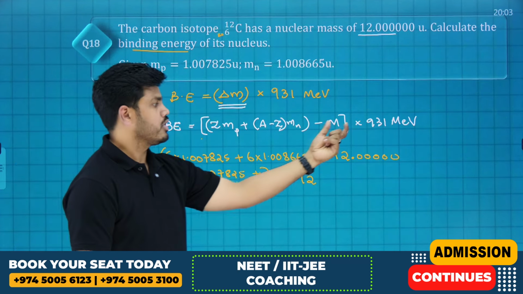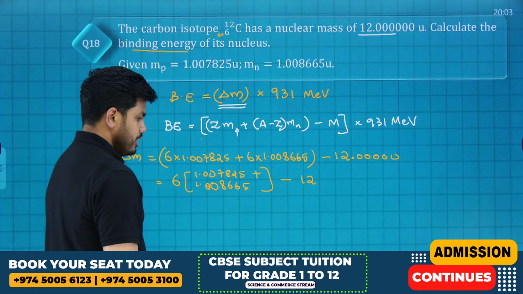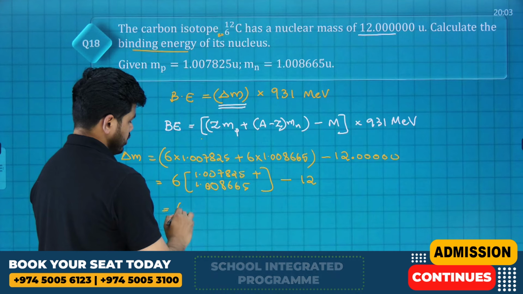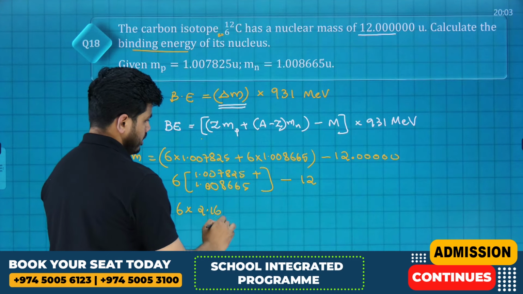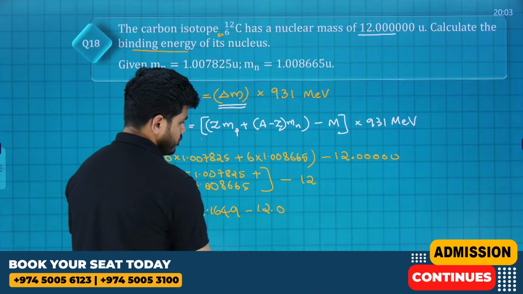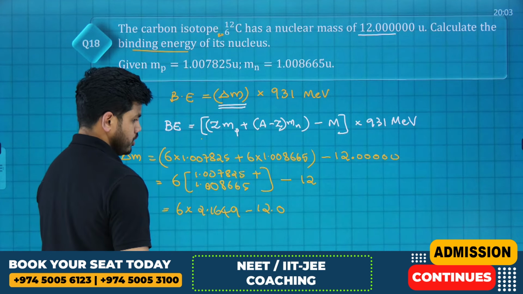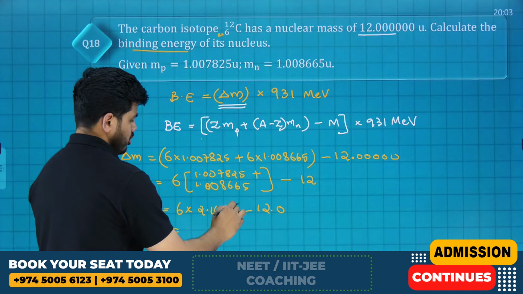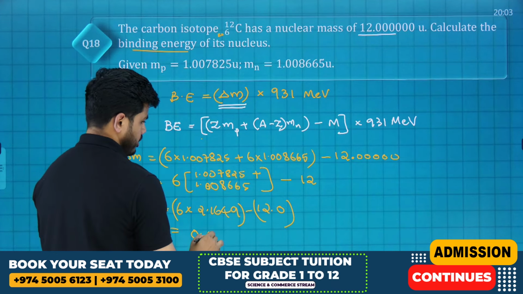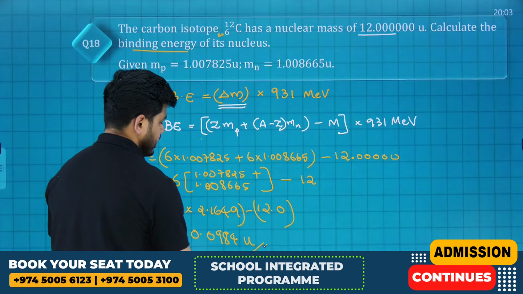We get 2.0165 here. So 6 into that, minus 12. If you simplify this, you will get 0.0984 atomic mass unit as the delta M.